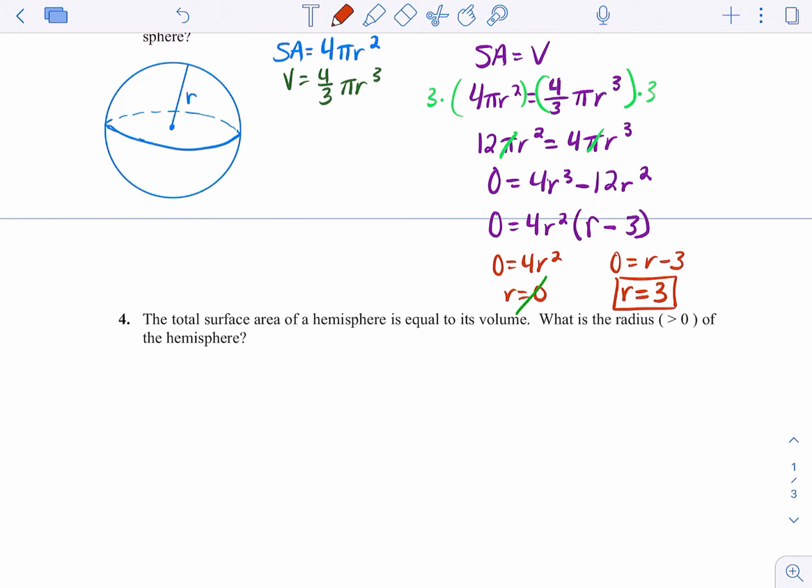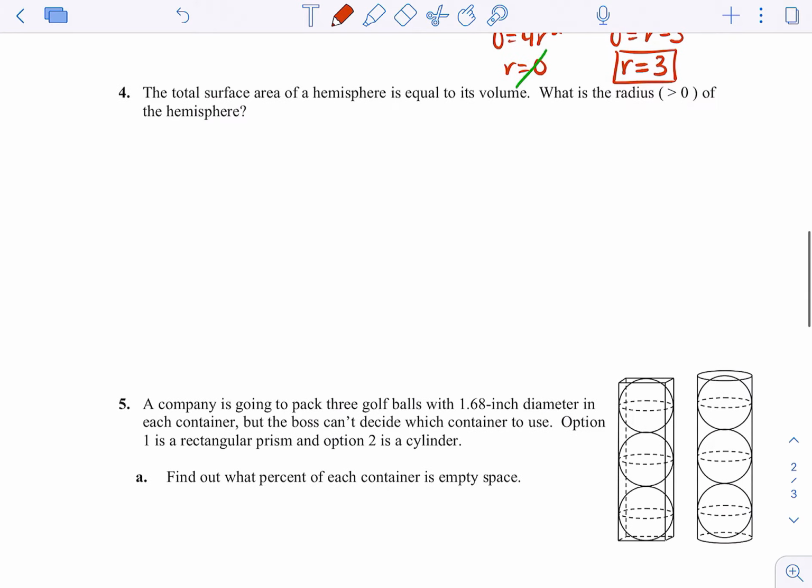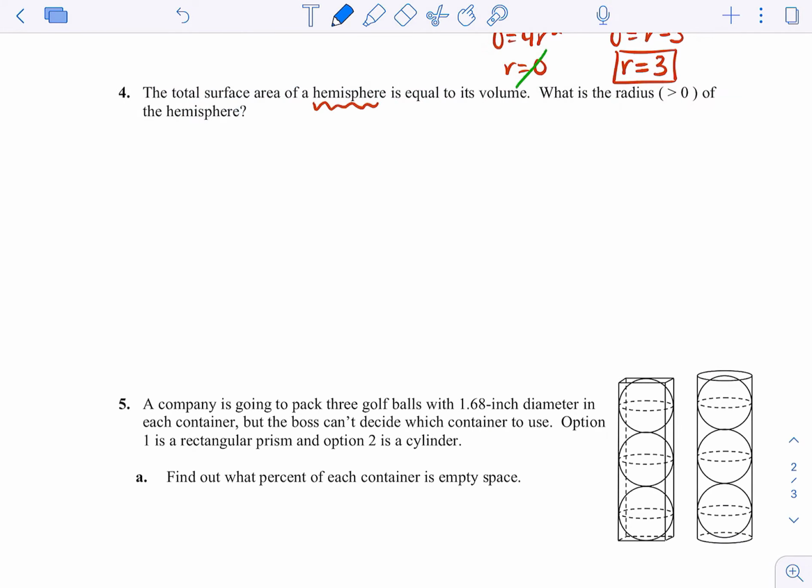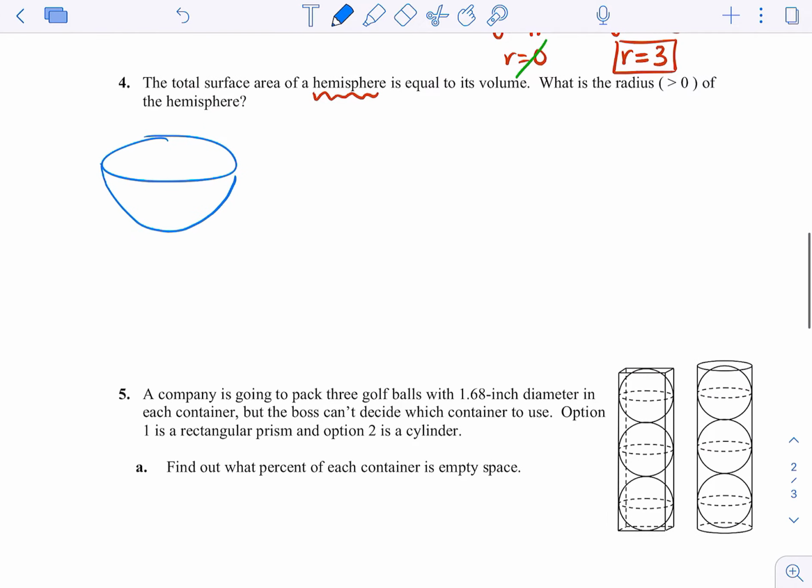So number 4 says the total surface area of a hemisphere is equal to its volume. So for the total surface area of a hemisphere, remember we have a circle with a sphere underneath like this. And so I need to do 2 things. So one, for the surface area, the curved bowl part on the bottom is going to be half of that 4 pi r squared.